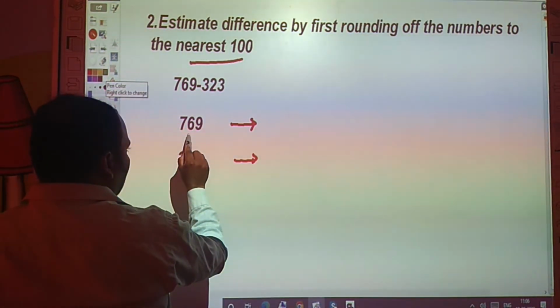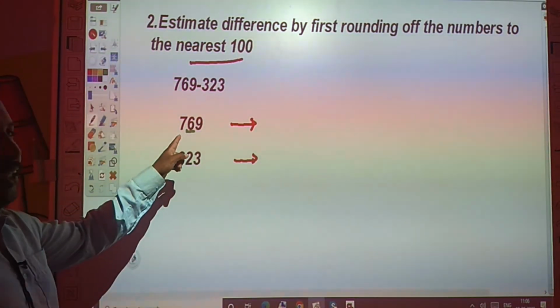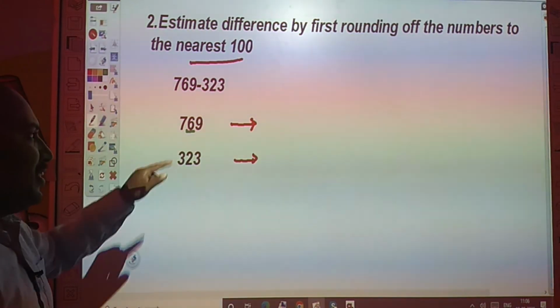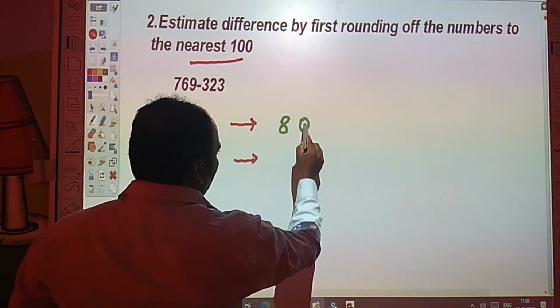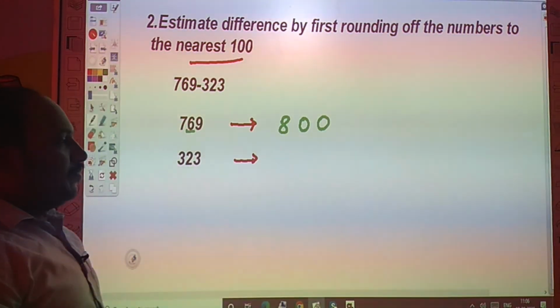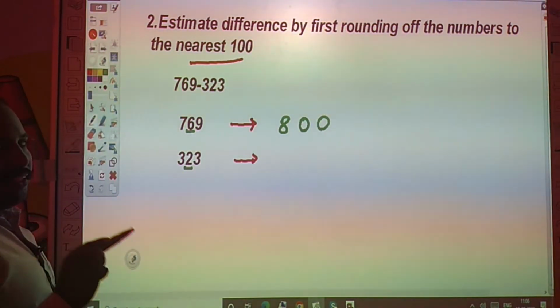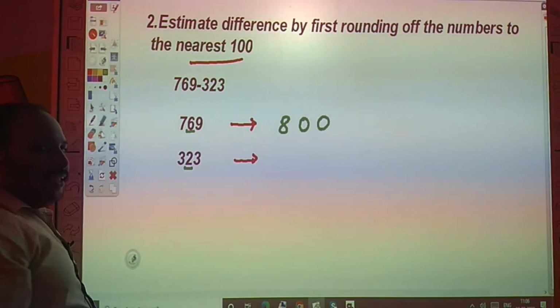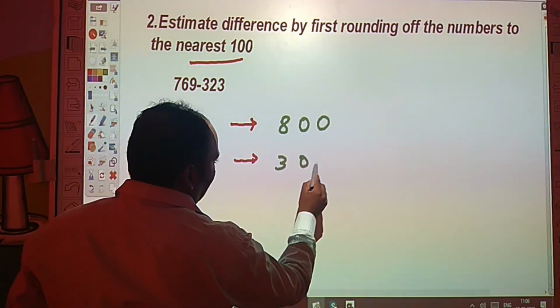For 769, we want the nearest 100, so we consider the tens place, which is 6. So 769 is nearest to 800. For 323, the tens place is only 2, so it is nearest to 300.